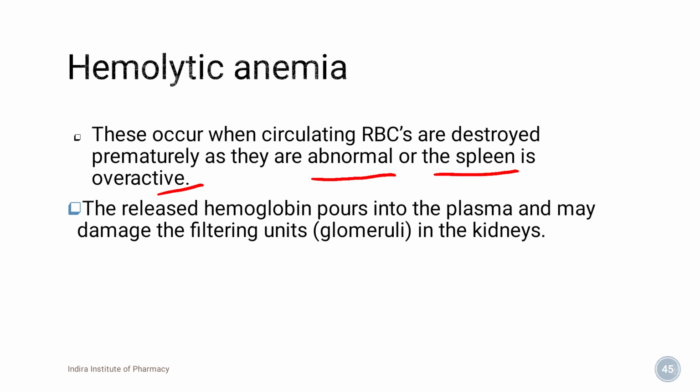So hemoglobin is released into the plasma and may damage the filtering unit. As they are destroyed, the hemoglobin is poured into the plasma. Ultimately this will damage the filtering unit, that is the glomeruli, the nephron in the kidney.